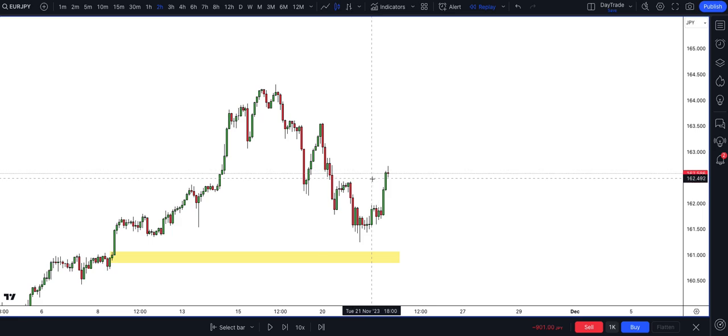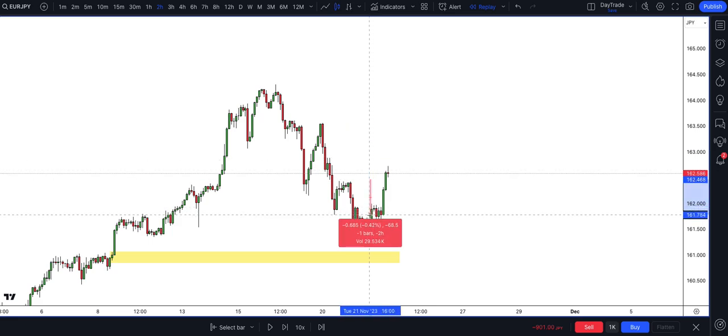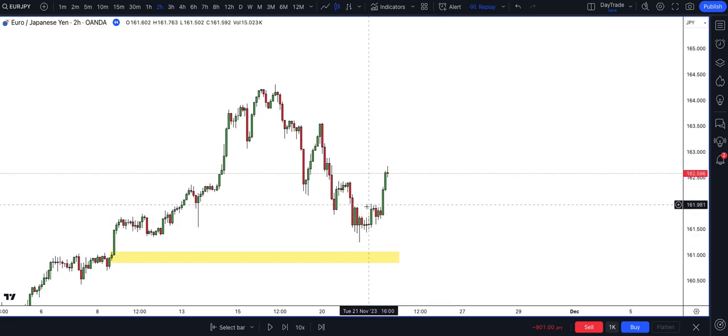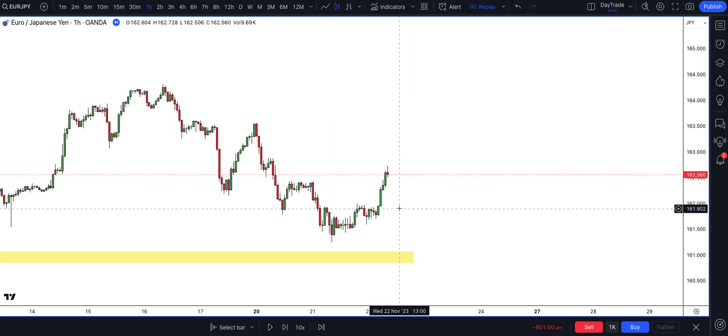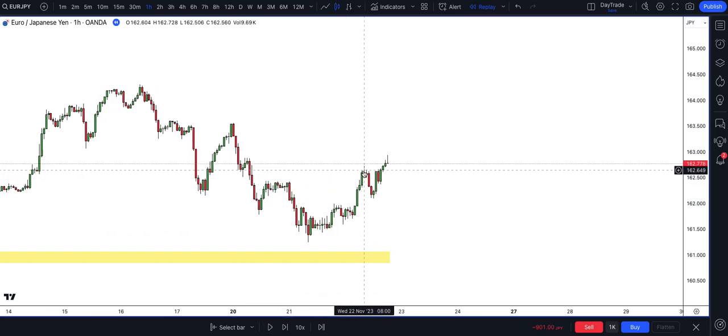2 hour time frame. Nope. Is this a zone? Nope. This could have been a zone.